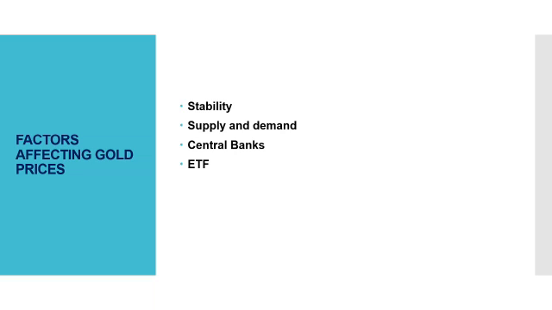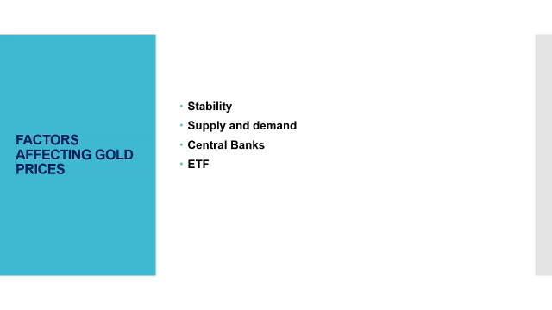Next, factors affecting gold prices: stability, supply and demand, central banks, and ETFs, exchange traded funds. Let us discuss stability in detail. As the bedrock financial instrument underlying global currencies, gold is considered a fairly secure asset.